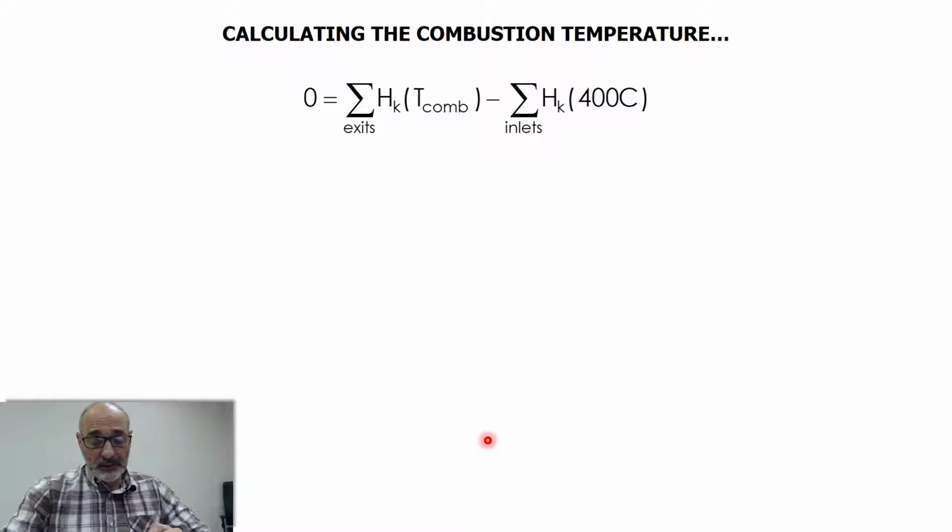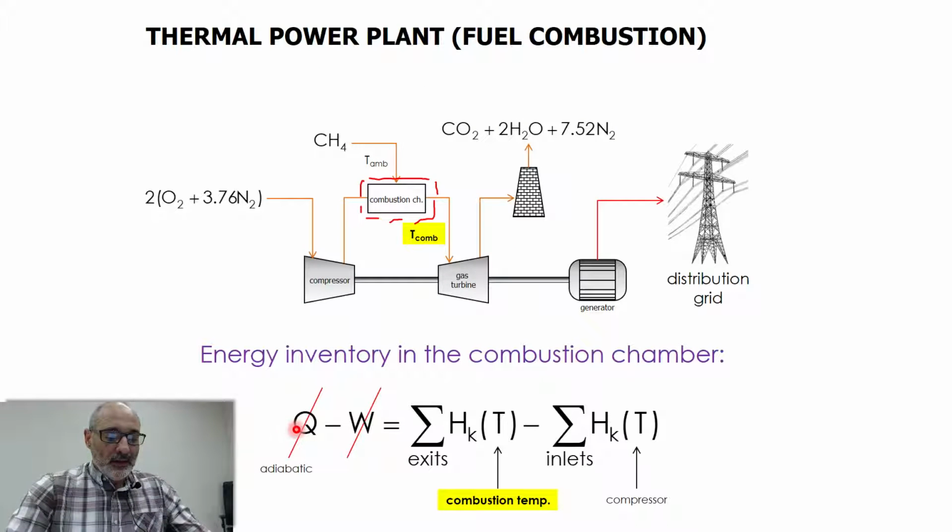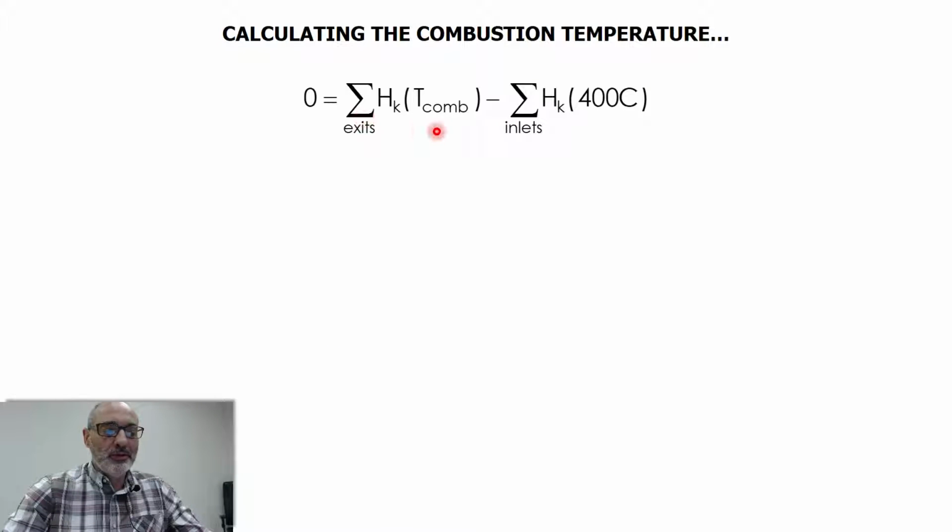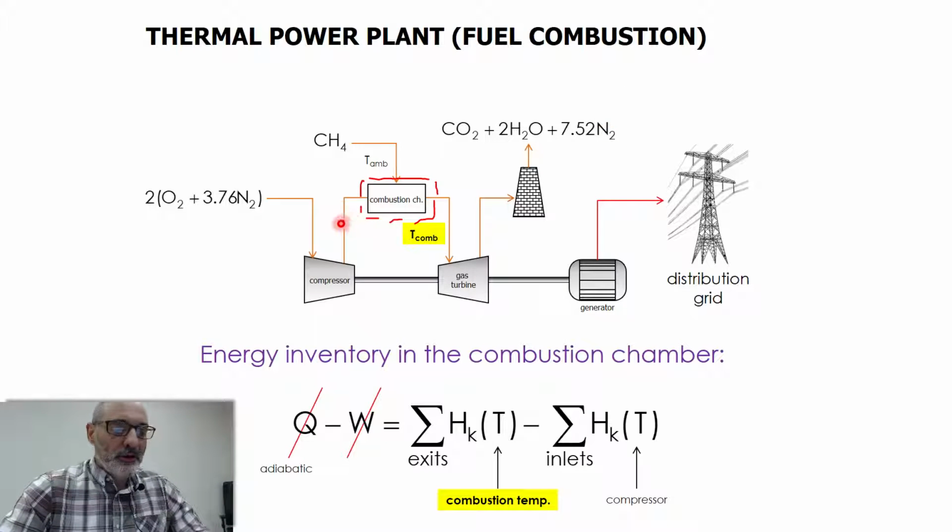So let's write down all the equations. Going back one slide. Heat is 0 because the chamber is adiabatic, and no work. There's not a turbine there, there's not a moving surface inside. So you have 0 equals the difference in the enthalpies. As I said, the inlet enthalpies are calculated at 400 degrees. This number, 400 degrees, is just for simplicity, to avoid having to calculate the temperature here.